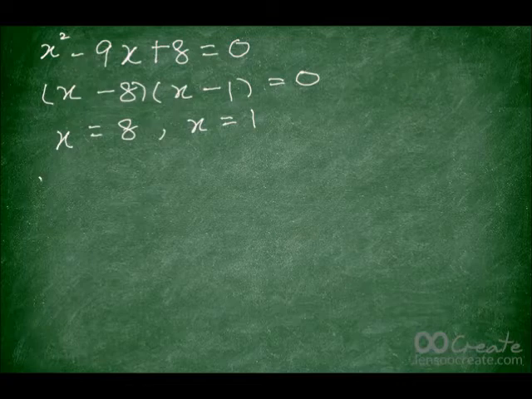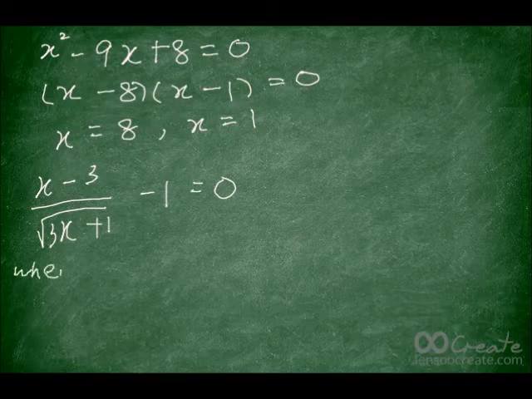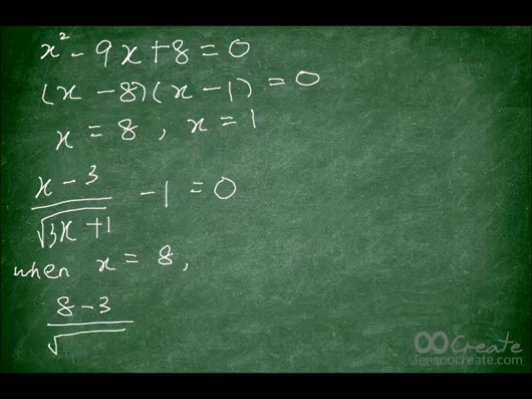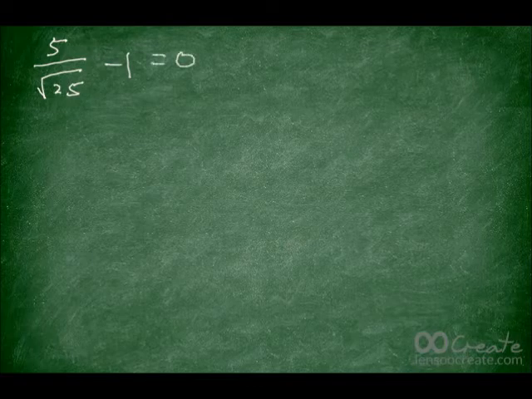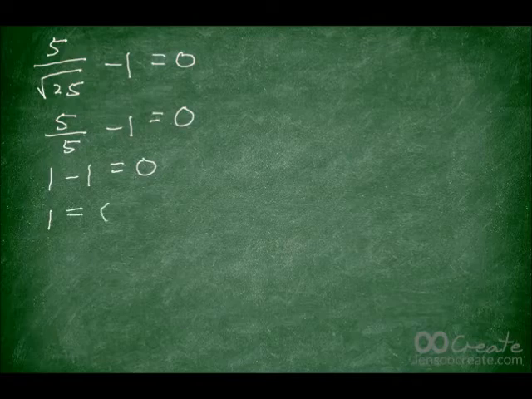Our original question is x minus 3 over, when x is equals to 8, we will get, since the right hand side and the left hand side are having the same value, therefore it is valid.